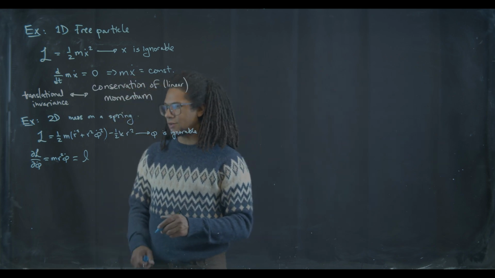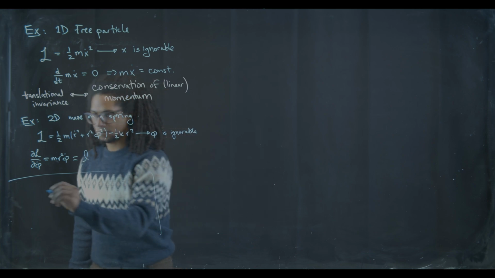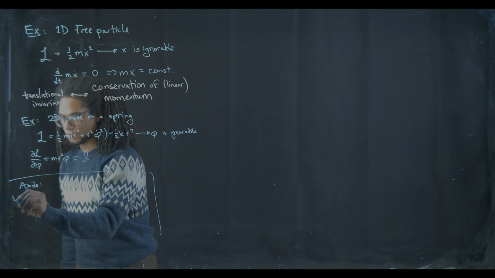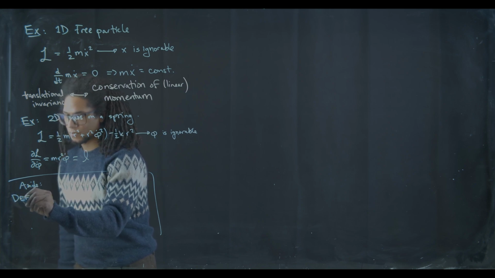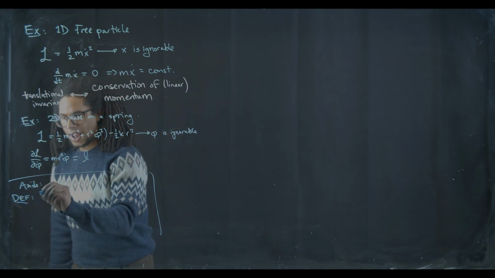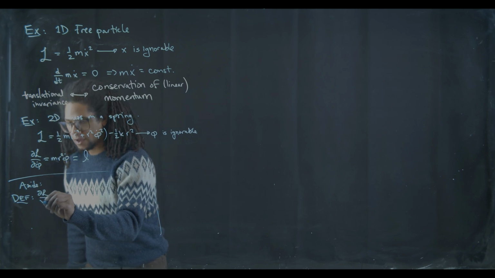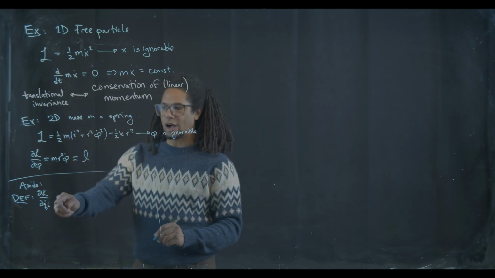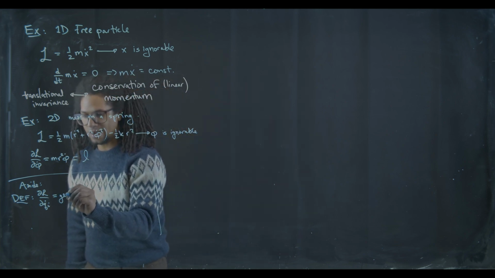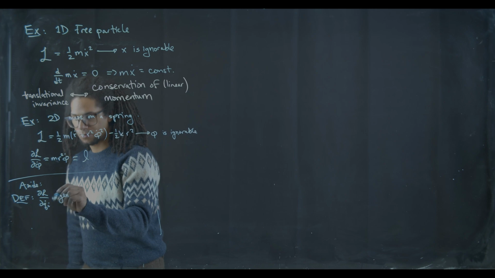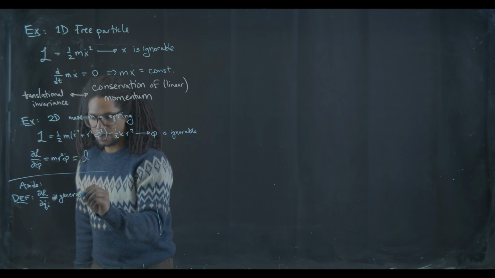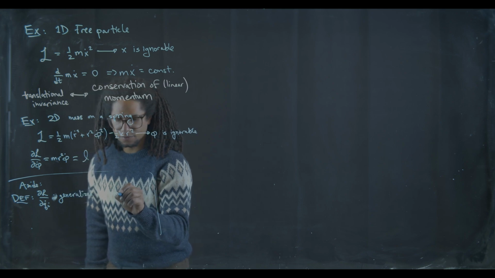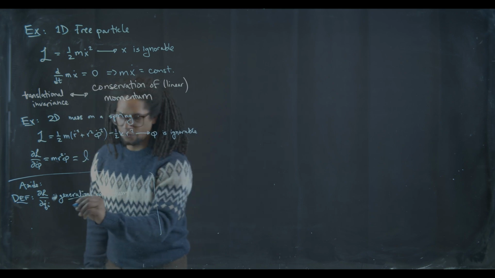Now, this is a good time for an aside in which I'll give another definition. Anytime we have a coordinate, we can call dL/d q_i dot the generalized momentum for q_i.